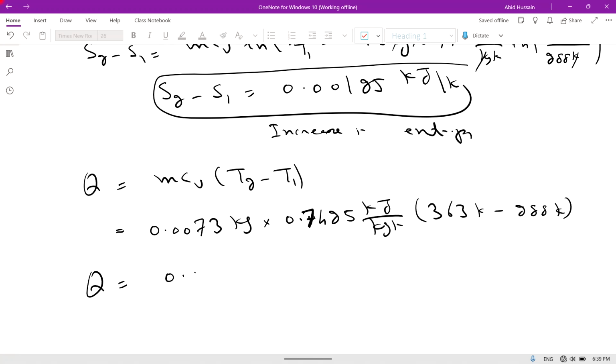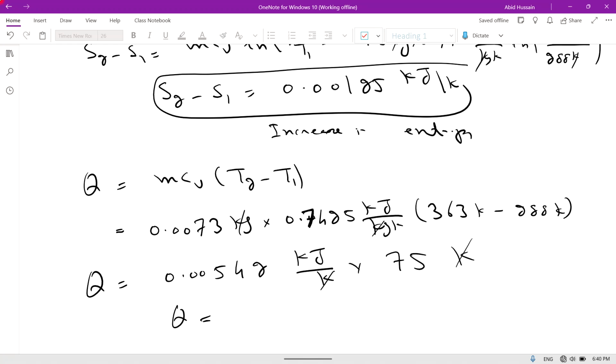The answer is 0.00542 kilojoule per Kelvin, since kilogram cancels with kilogram, and 363 minus 288 is equal to 75 Kelvin. Kelvin cancels with Kelvin.